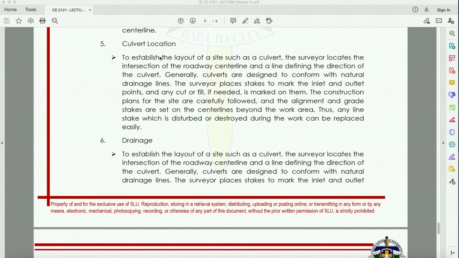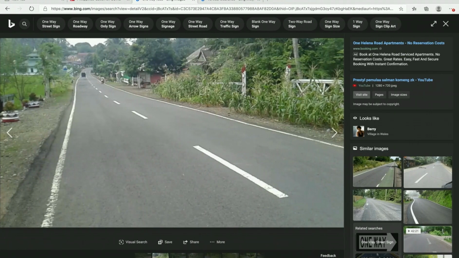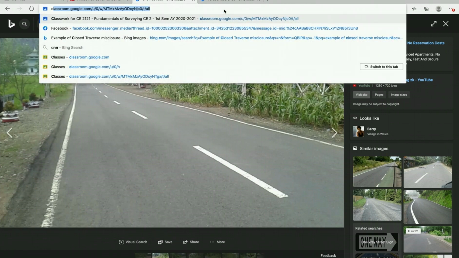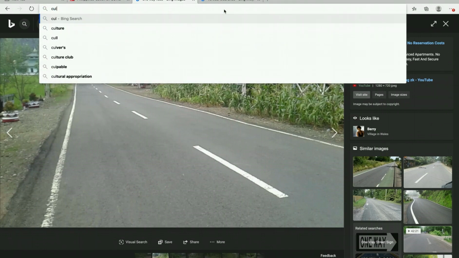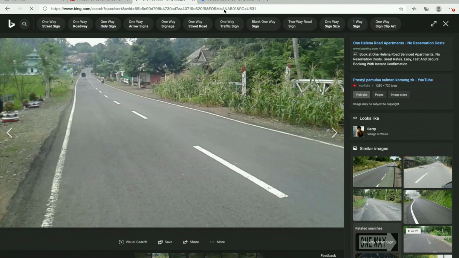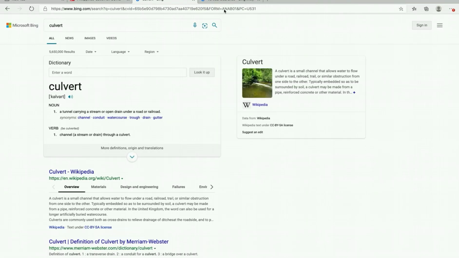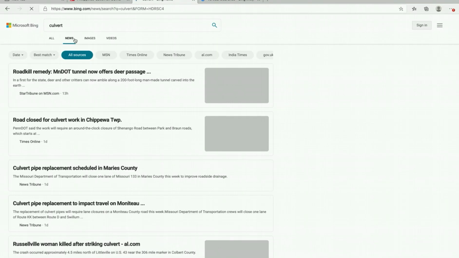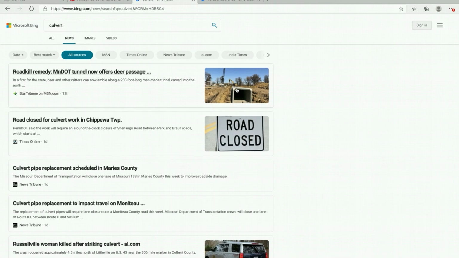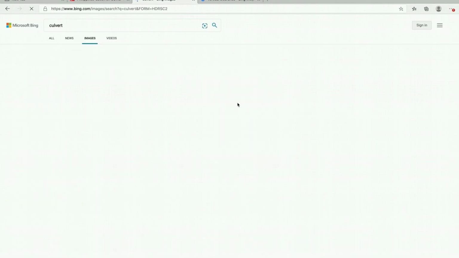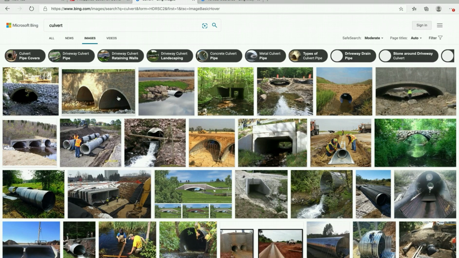Next is a culvert location. Now, ano ba yung sinasabi nating culvert? Yung culvert, yan yung dinadaanan or yan yung drainage. Okay? Para ma-imagine nyo, this one is a culvert. That is the drainage.